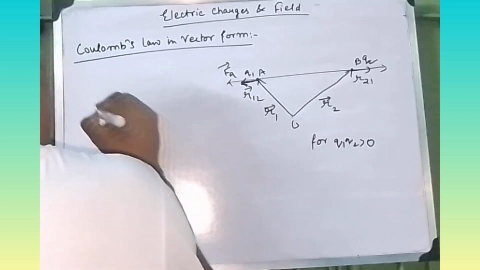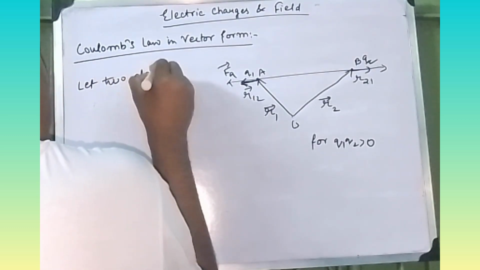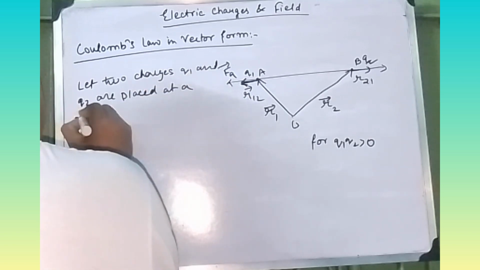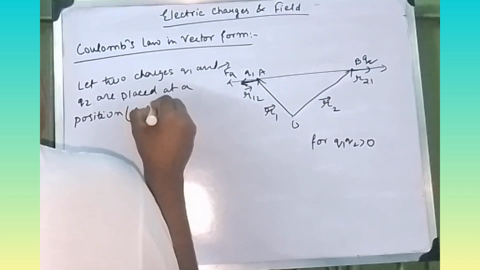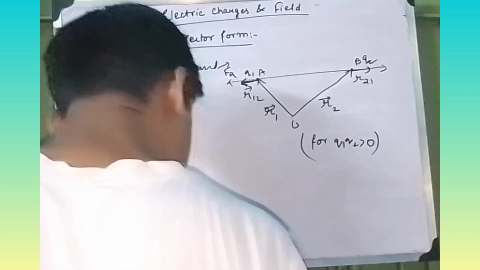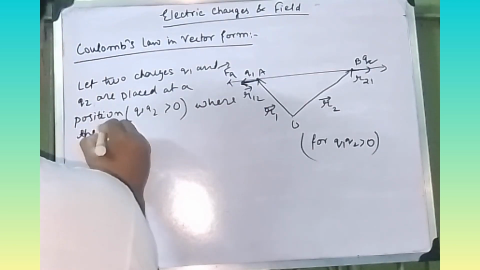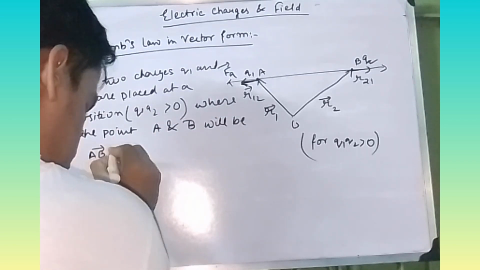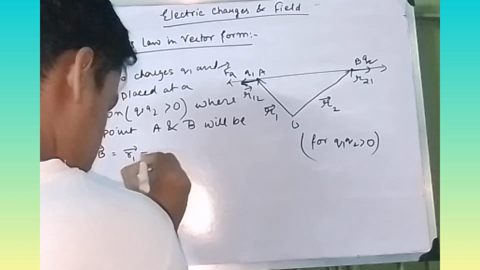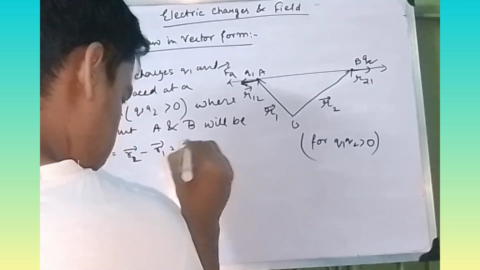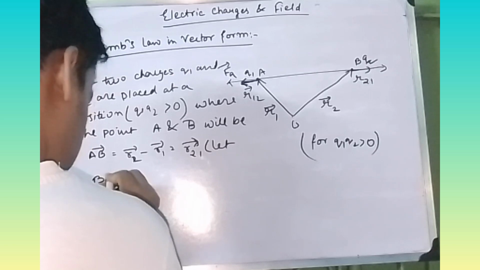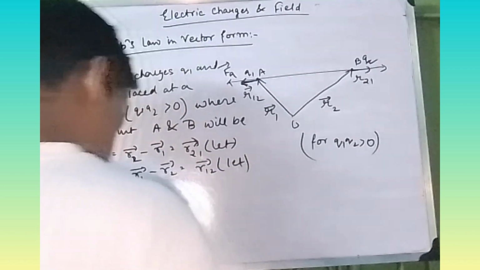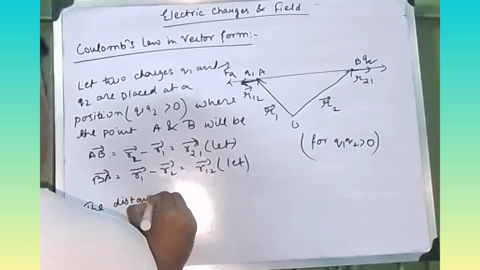For q1 q2 greater than 0, where AB will be vector r2 minus r1 equals vector r21, and let BA vector be r1 vector minus r2 vector equals vector r12.